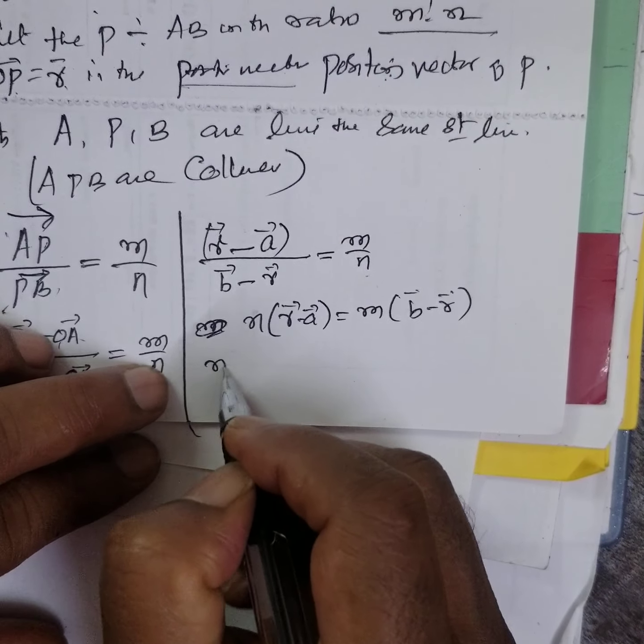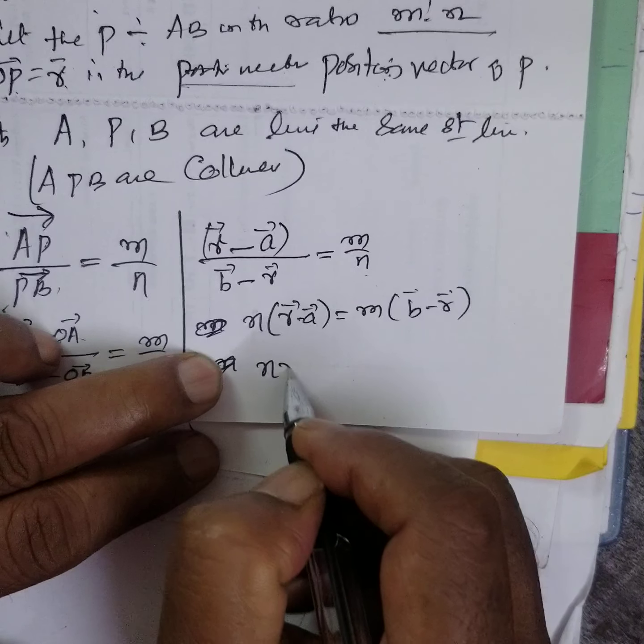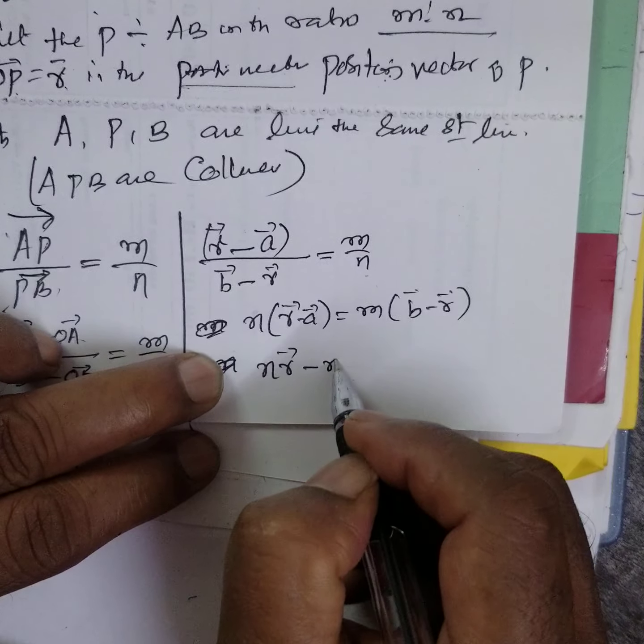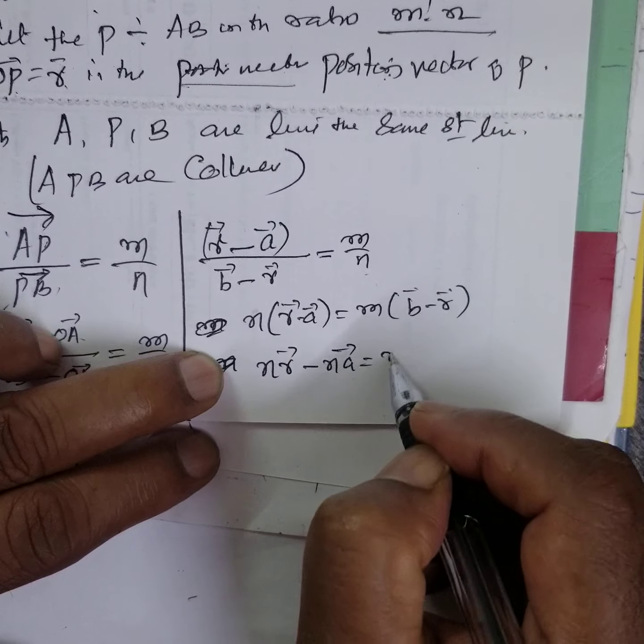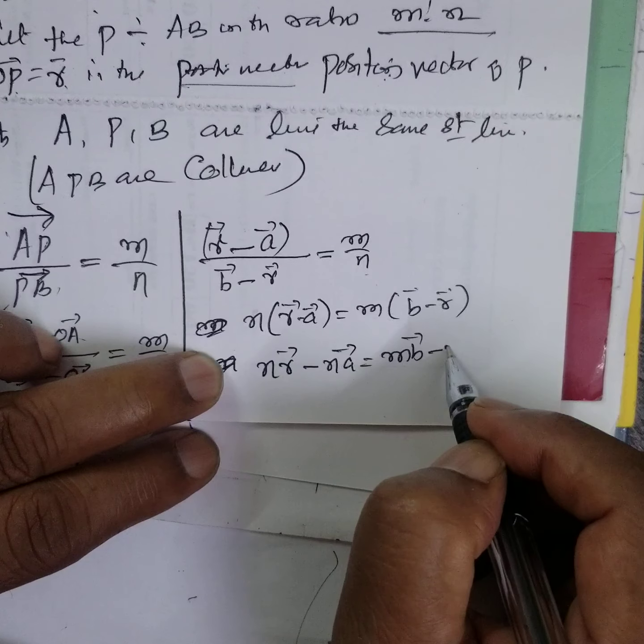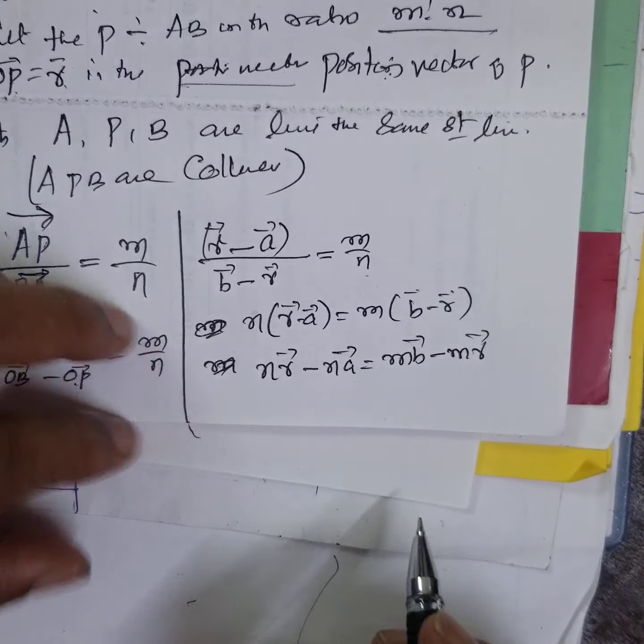Now simplify and isolate R. NR minus NA is equal to MB minus MR.